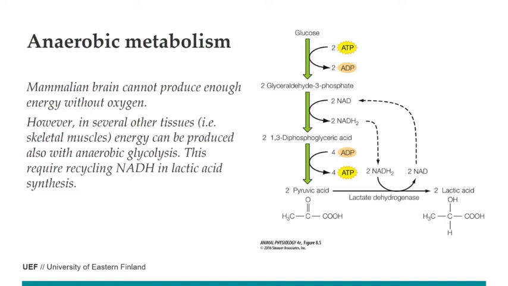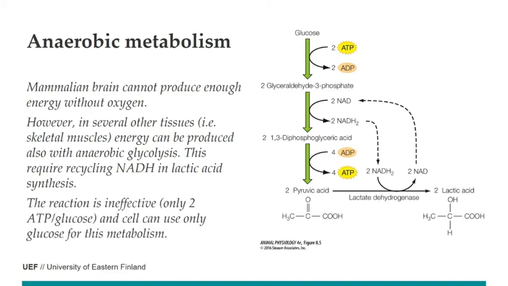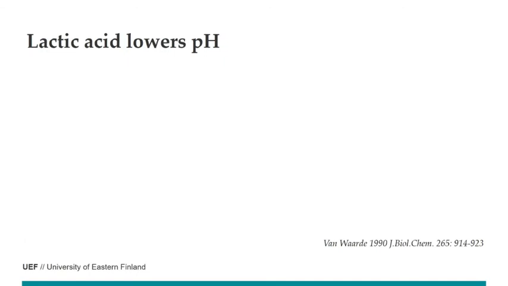And this reaction is of course quite ineffective. So we can only produce 2 ATP per glucose. And the problem also is that we can't use fat or proteins in this kind of synthesis. We can only use sugar, meaning glucose.